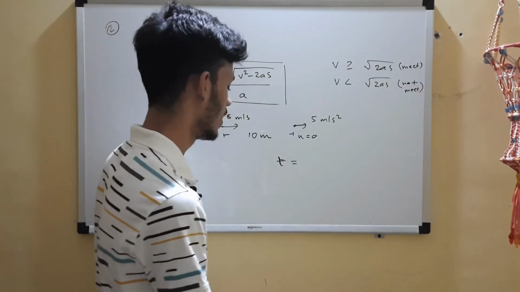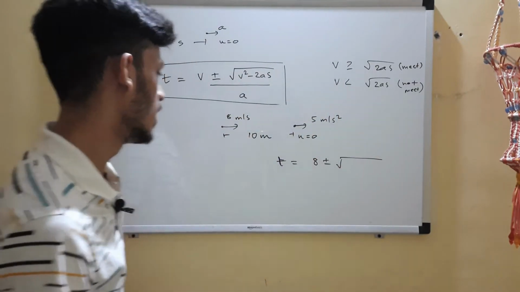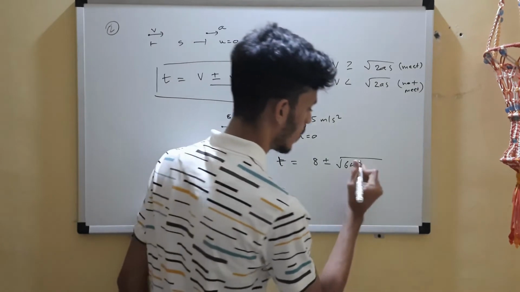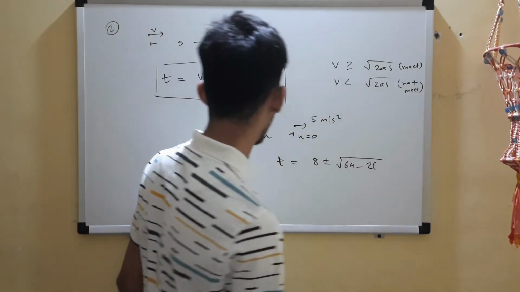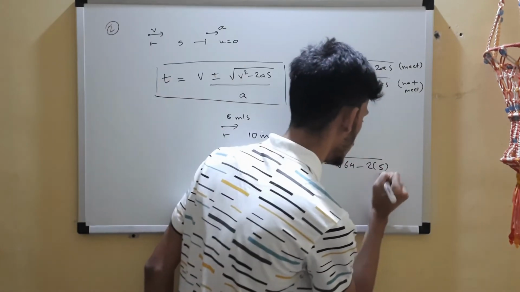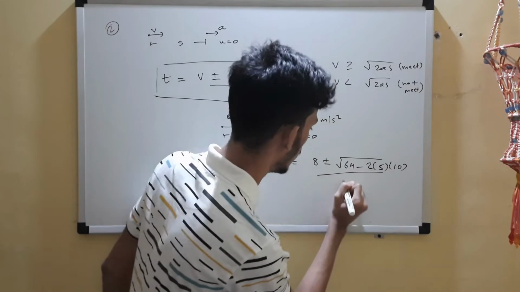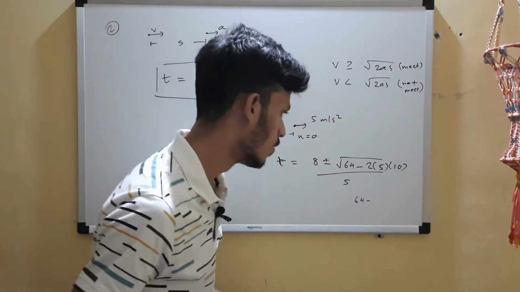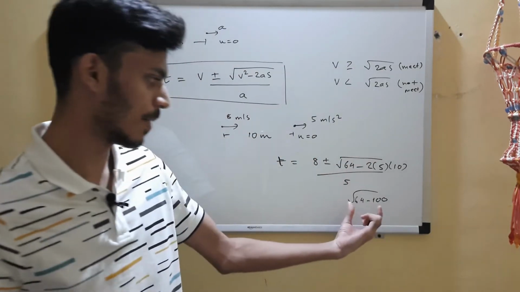So v plus minus under root v square minus 2as. V square is 64, 8 square, minus 2as. A is 5 and s is 10, upon a, upon 5. So 64 minus 2 fives are 10, 10, this is 100, right? Minus something, you're getting minus 36 under root.